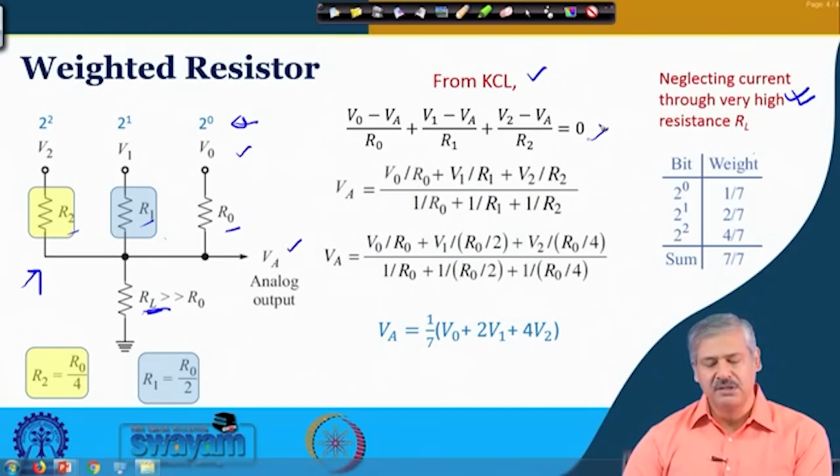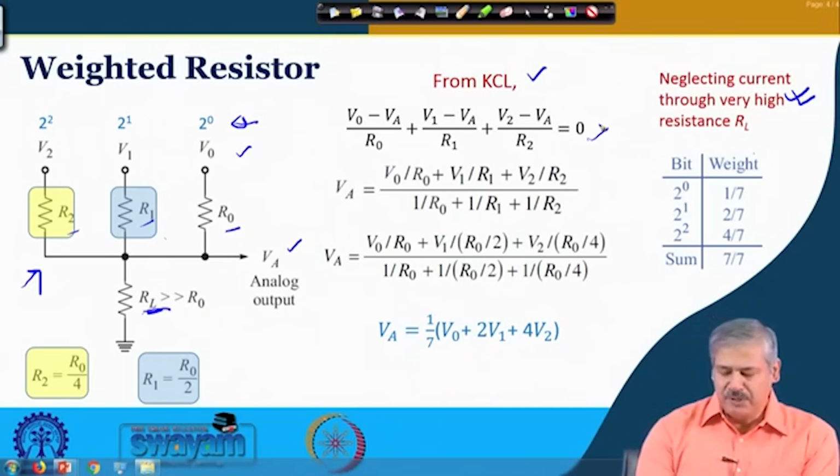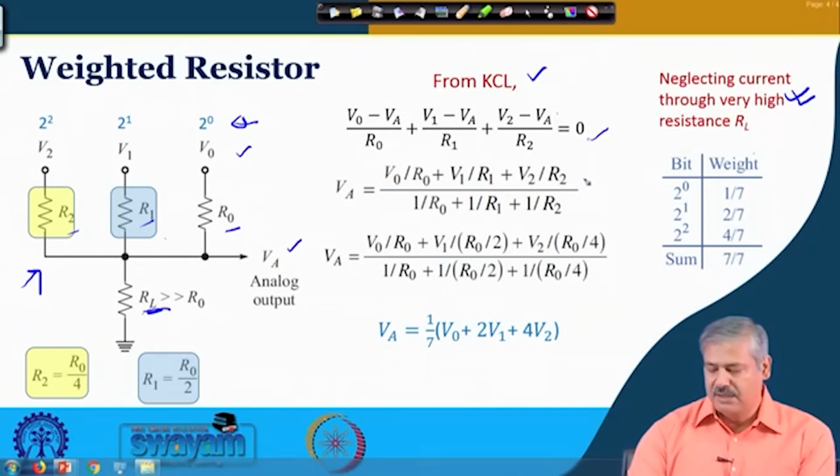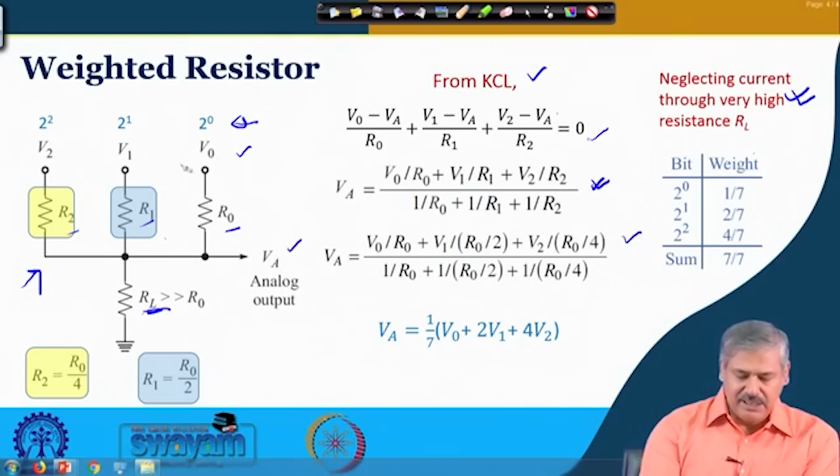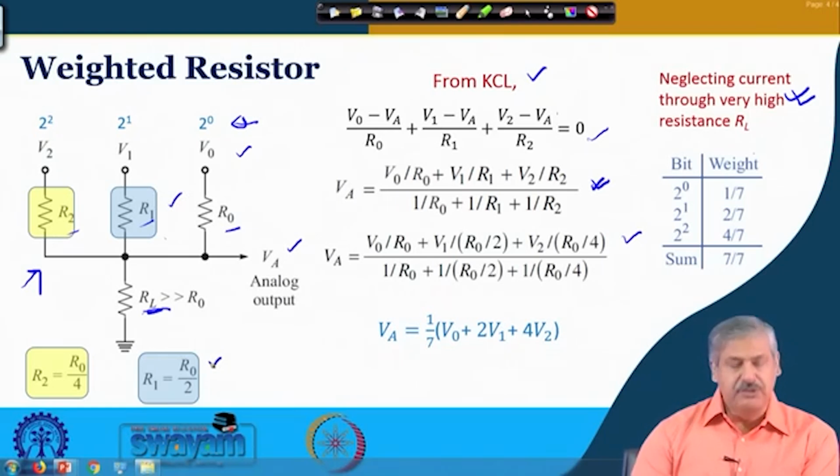Is it fine? Now, if you take all these VA by R0, VA by R1, VA by R2 to one side and divide, this is the equation that you get. And in this equation, if you consider that R1 is R0 by 2, and R2 is R0 by 4, that is why it is called weighted resistor.